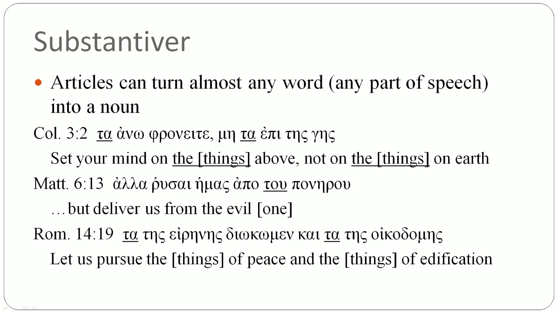Okay, not on the things on the earth. Both of these articles are neuter plural, which is why you can substitute in the things. You can put that in there. The word things is not in the Greek at all, but you can get it because there is an article there, and it's making something substantive.